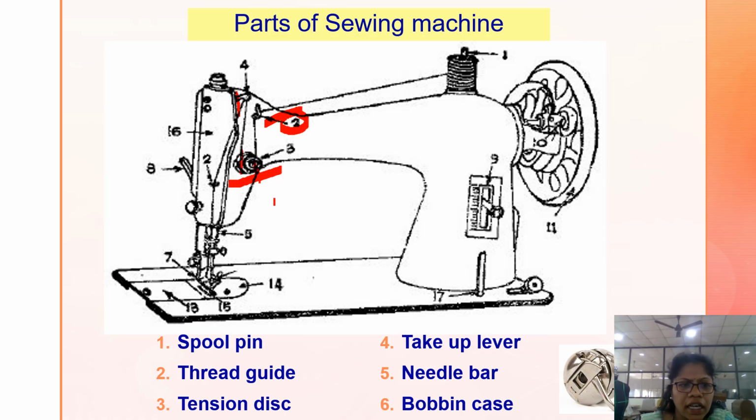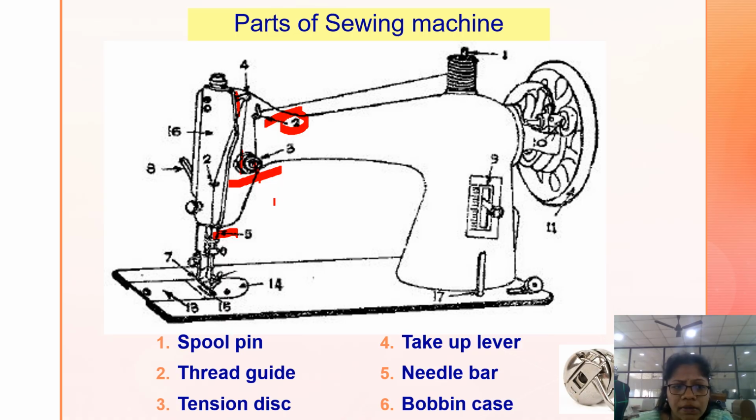The next one is the needle bar. Here you can see the needle bar. This is the fifth one, the needle bar. This is the steel rod which holds the needle in one place with the help of the clamp. At the end of the needle bar, the needle is placed and secured with the help of the needle clamp. The next one is the bobbin case.